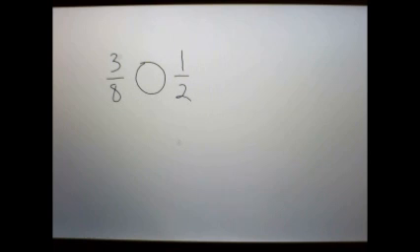So the fraction 3/8 is going to stay the same, but the fraction 1/2 we're going to multiply times another fraction to give us a denominator of 8. We know that to be 4, so we'll do the same thing in the numerator, and we have 4/8. So now, when looking at our new fractions, we have 3/8 and 4/8, and it's very apparent that 4/8 is larger. We will read that as 3/8 is less than 4/8.